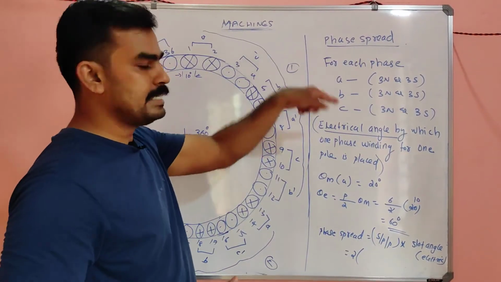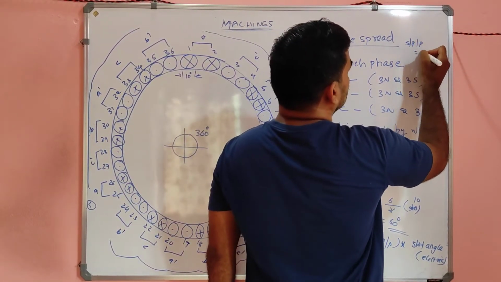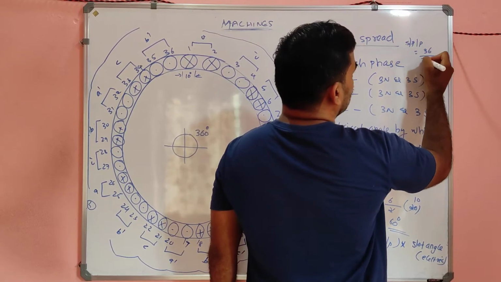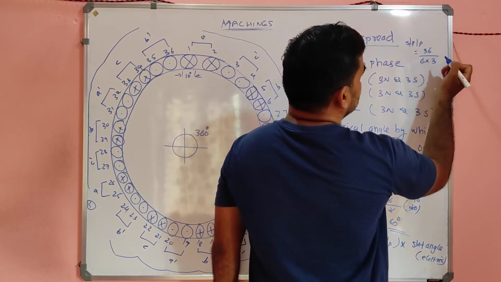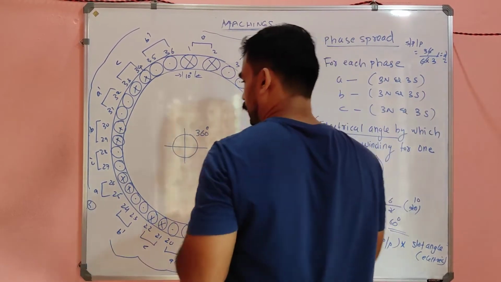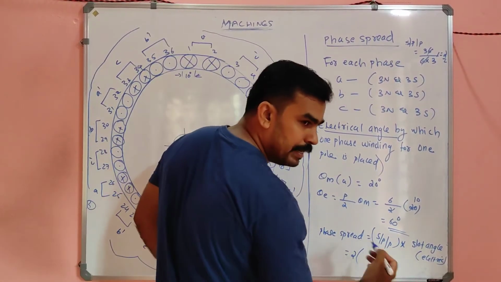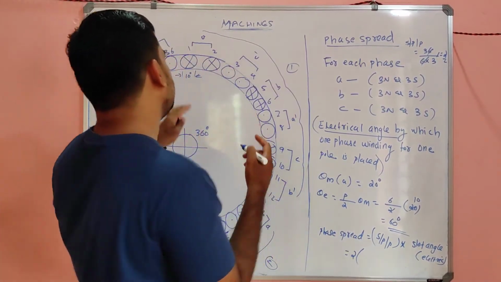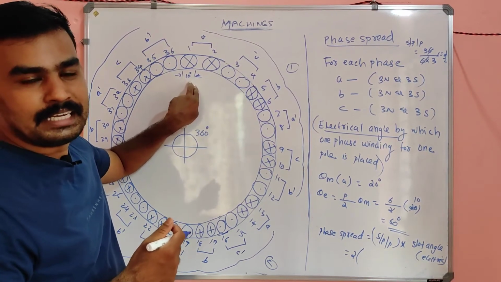Correct? Slots are 36, poles are 6, and phases are 3, so it is equal to 2. So slots per pole per phase into slot angle. Slot angle here is mechanically 10 degree.